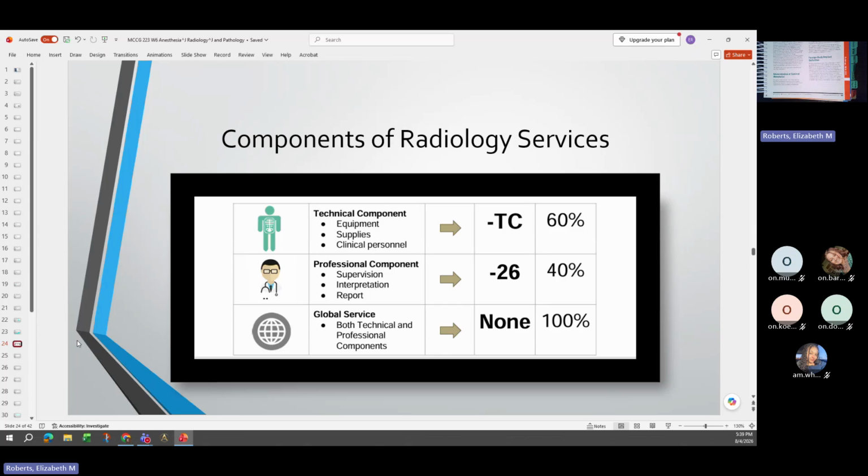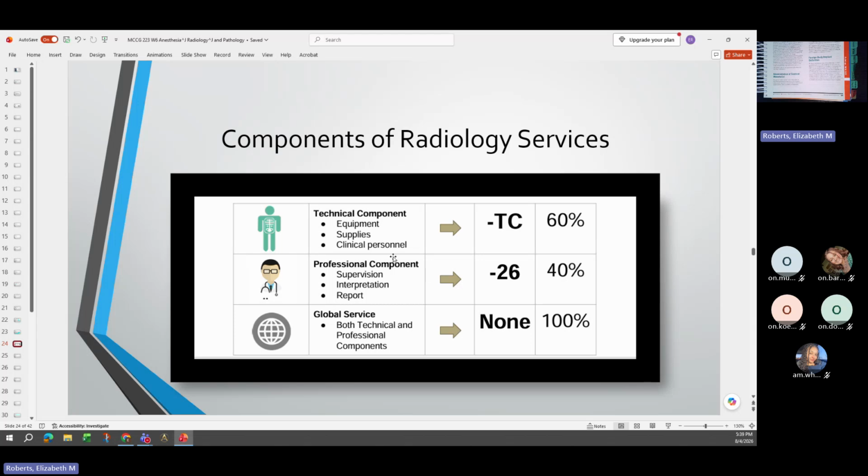They would have a patient come in and do an X-ray, and then they would send the X-ray out to a different company, an outside company, to do the read of the X-ray, because our company did not employ radiologists or physicians that were qualified to read X-rays, right? And so in that case, our company billed only for the technical component because we performed the X-ray, right? We own the equipment, we pay for the supplies, we employ the clinical personnel, but we don't read it, right? We didn't read the X-ray.